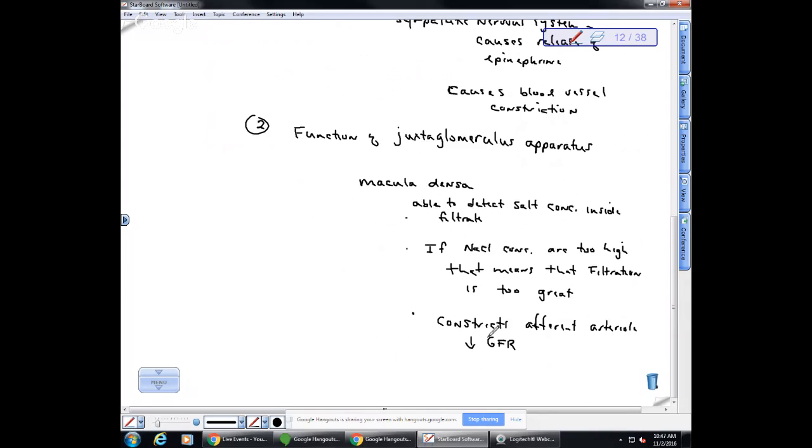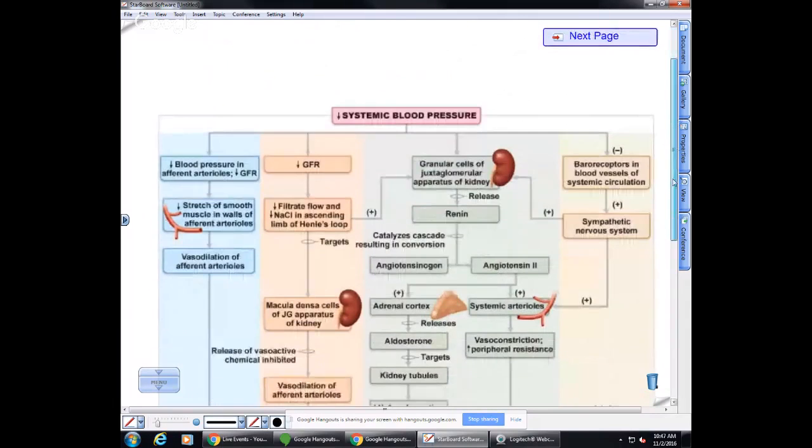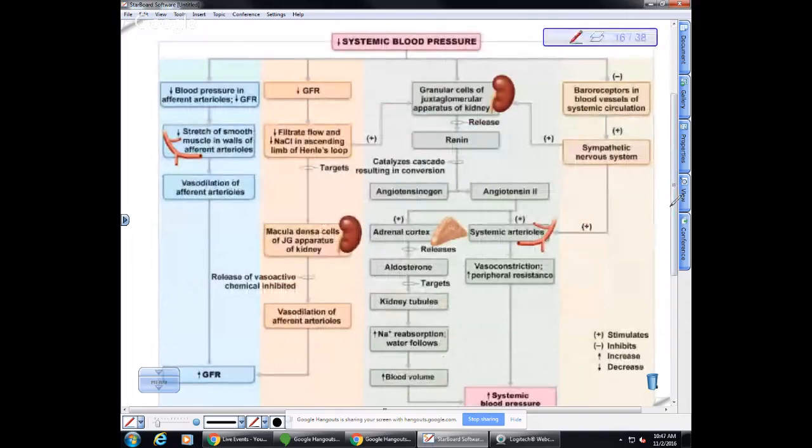In your book, they actually have a flow chart of all of this that looks something like this. It shows the opposite of what we just talked about.